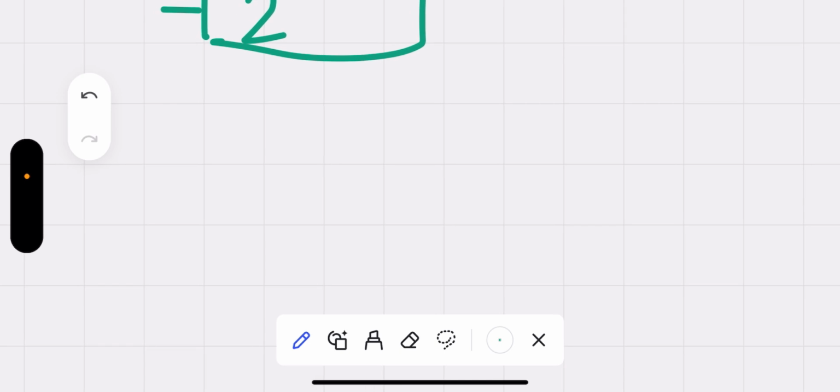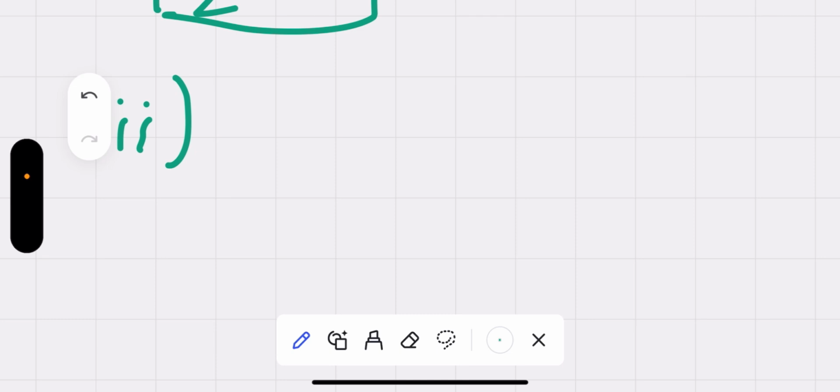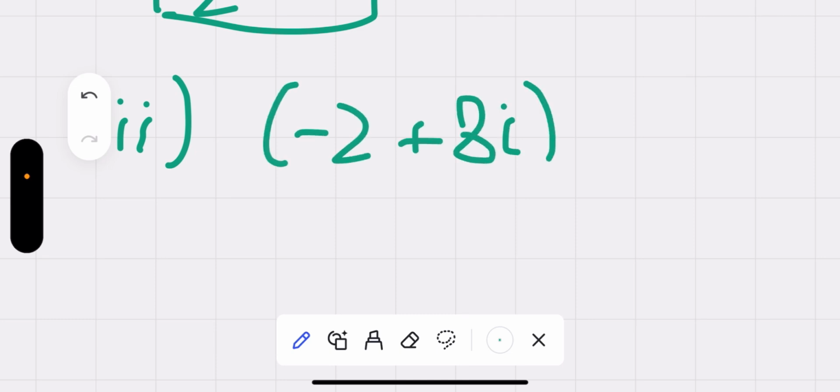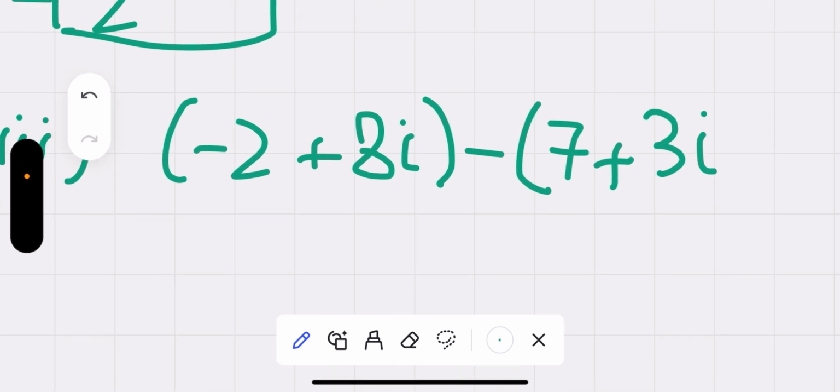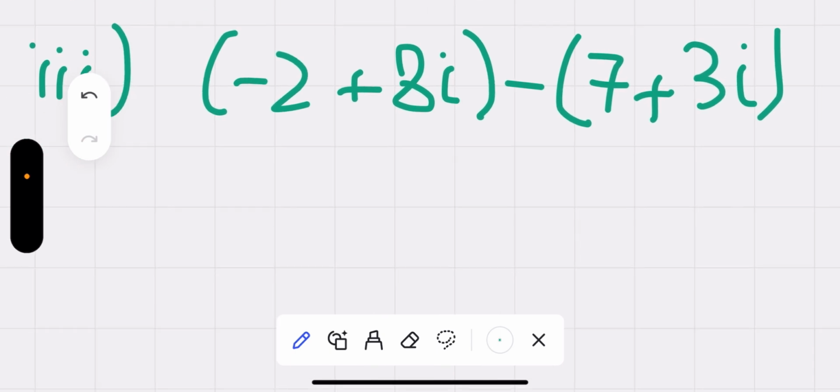Next we have the third part. Negative 2 plus 8 iota, minus negative 7 plus 3 iota. Now we have again two complex numbers being subtracted, so let's open the brackets: negative 2 and positive 8 iota.